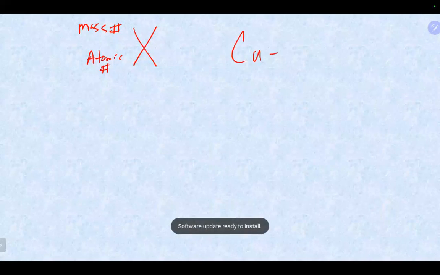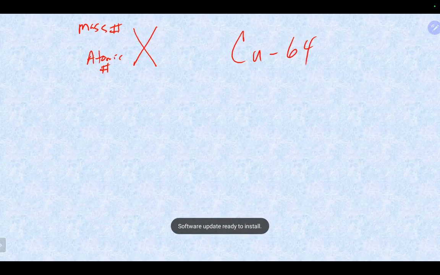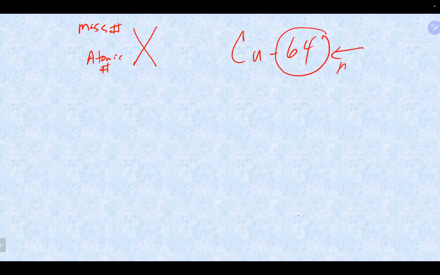We do write symbols for isotopes a couple different ways. One way is we use the symbol, and on the top left, we write the mass number. And on the bottom left goes the atomic number. Another way that we sometimes write a symbol is something like this, where this number here is the mass number.